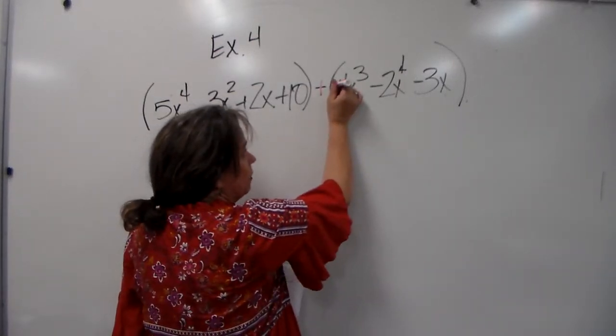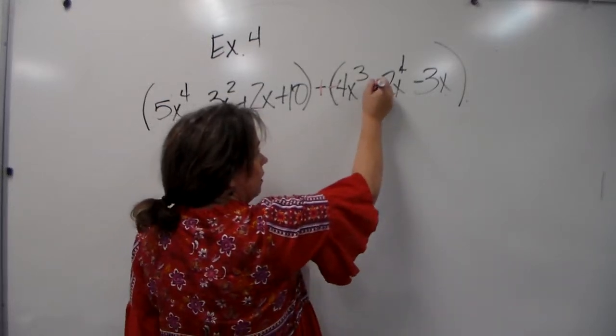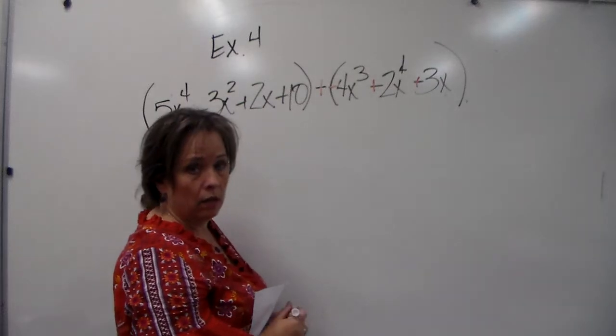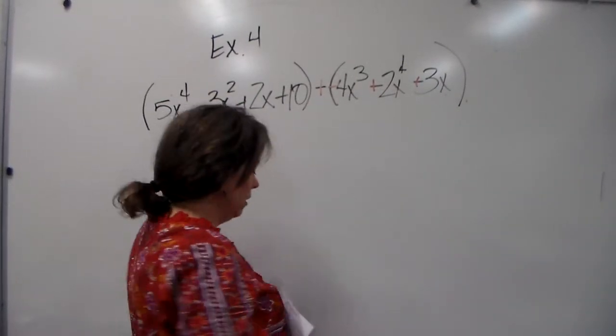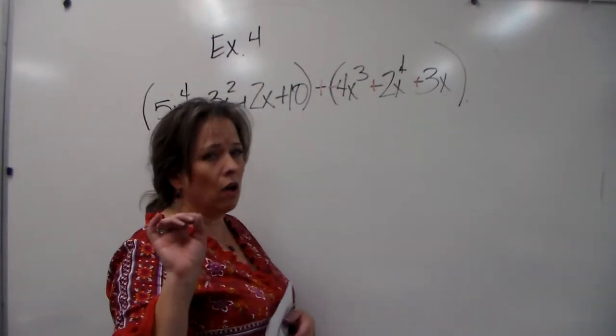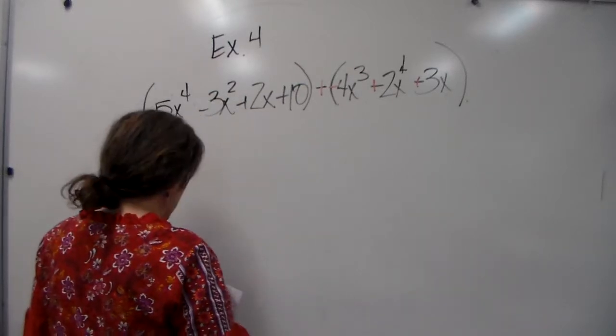So this first term is a positive. We'll change it to a negative. This negative will change to a positive, and also this term, okay? Be really careful noticing those subtraction signs in front. This is called distributing your negative, all right? You always need to do that when you're combining like terms, all right?